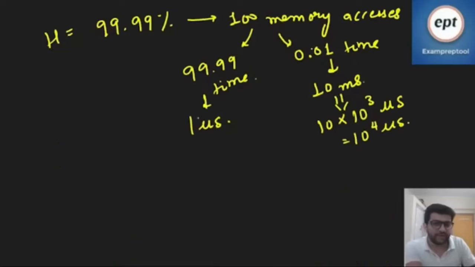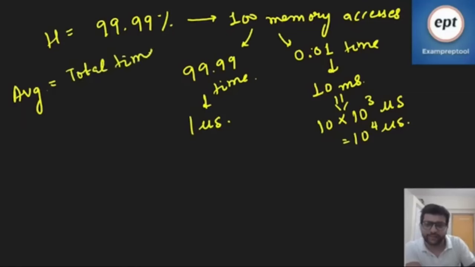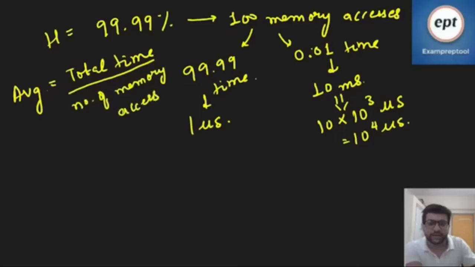Whenever we see the term average, we know that average equals total time divided by the number of memory accesses.